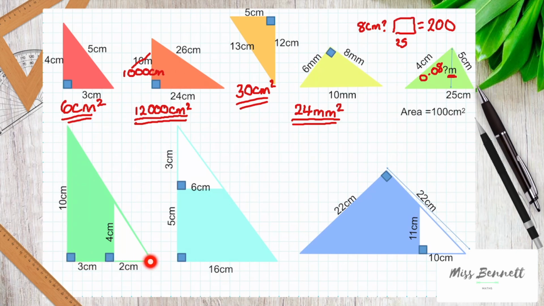The base multiplied by the height for the big rectangle is 5 along the bottom and 10 up the side. So 5 multiplied by 10 and divided by 2. That gives us 25.